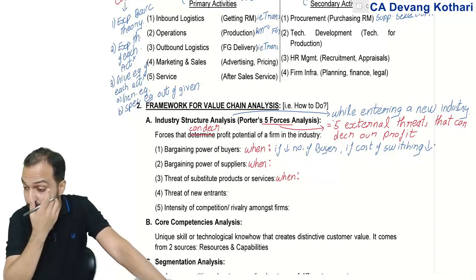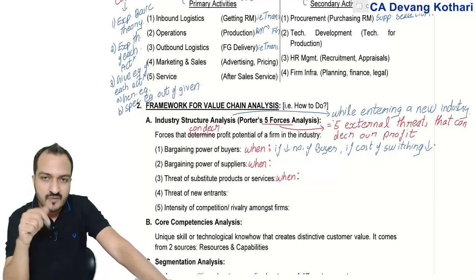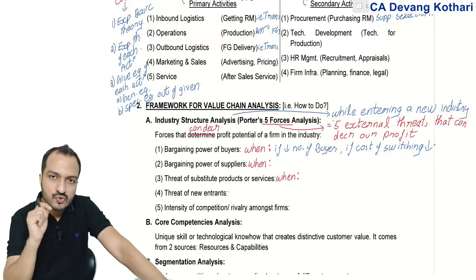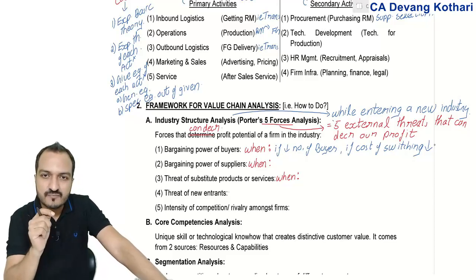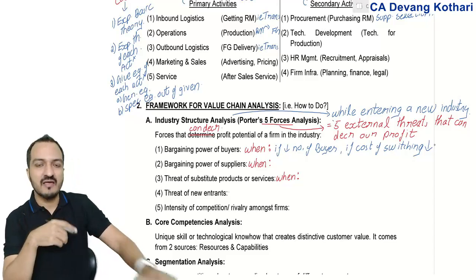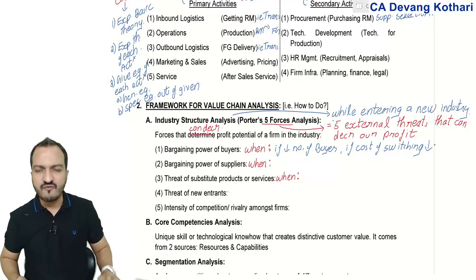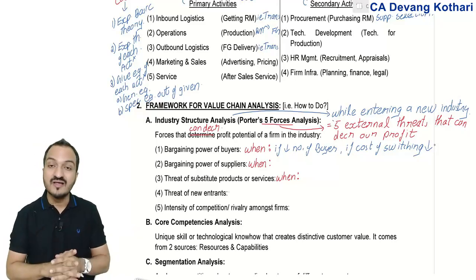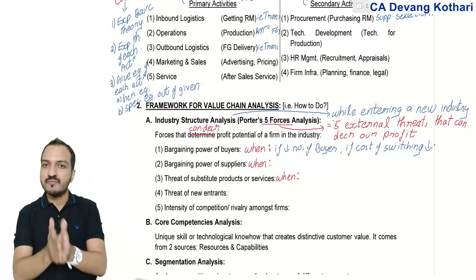Best example, I'll tell you. A few years back in India, if I wanted to change my mobile operator, it was not very easy. Why? Because if I change my mobile operator, say from Airtel to Vodafone, my mobile number will change.